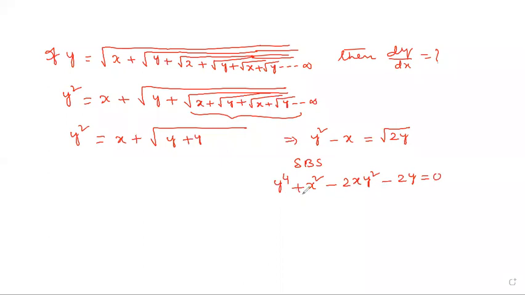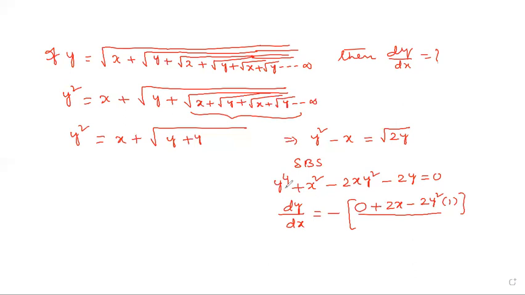So apply the implicit function model, where x and y are included. dy by dx is equal to minus of the x partial derivative over the y partial derivative. The x derivative is 2x minus y square, whose coefficient derivative is 1, and the constant derivative is 0.